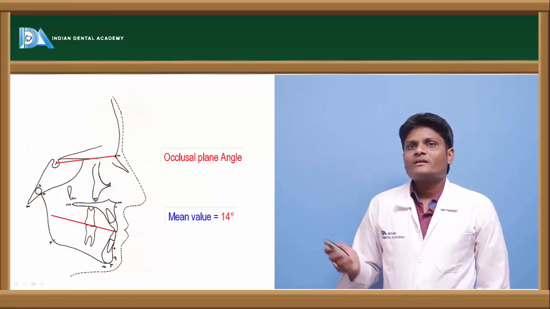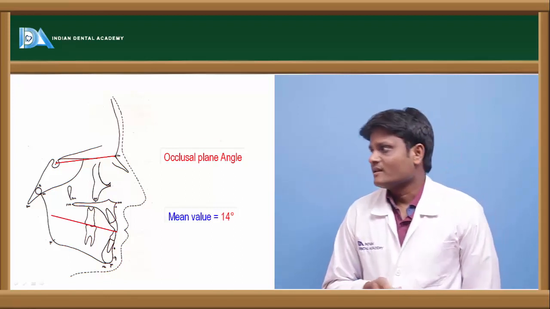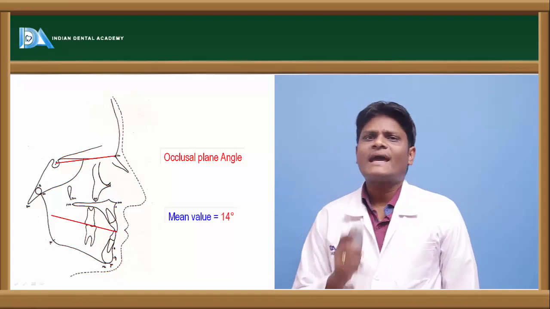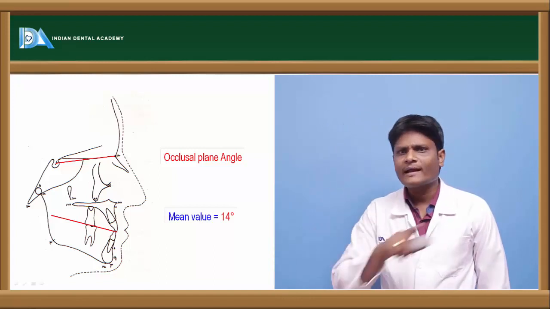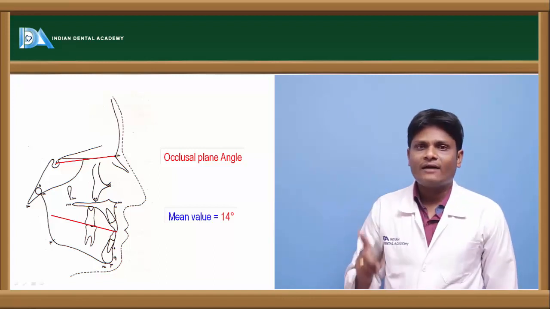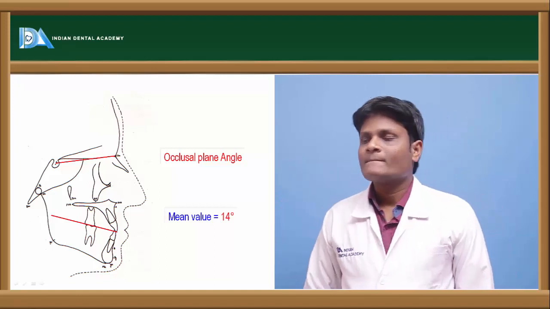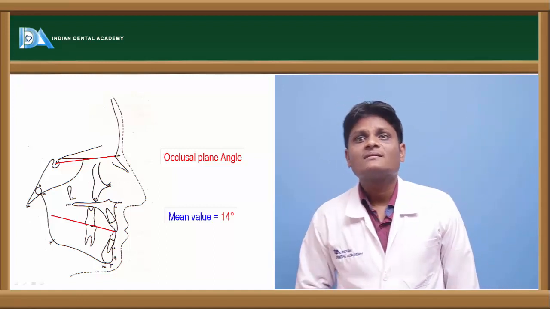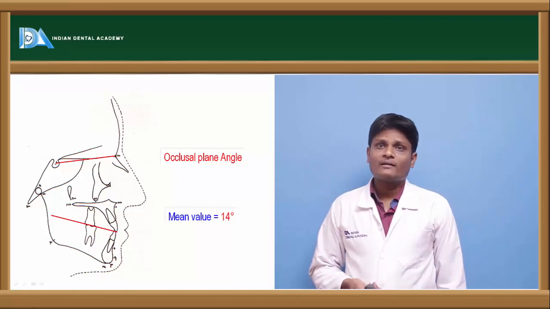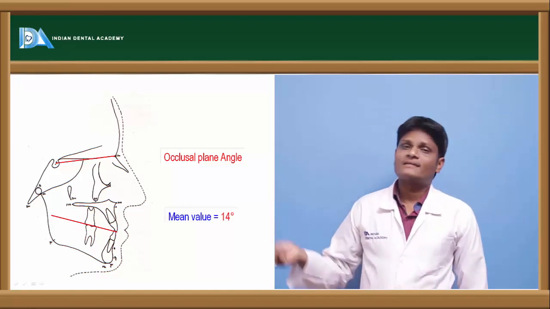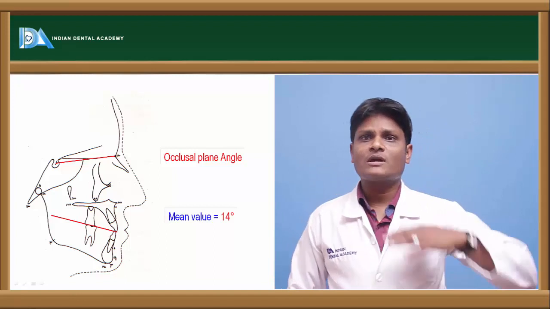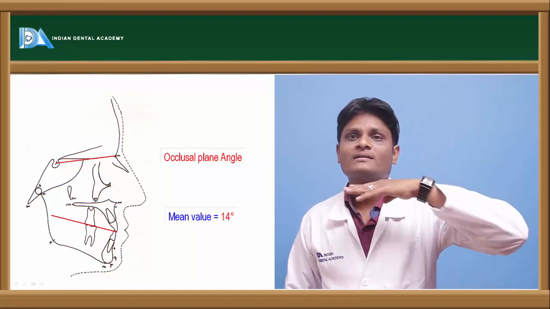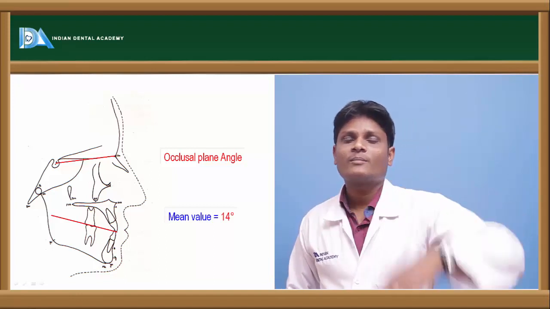Now the next important parameter of Steiner's analysis is the occlusal plane angle. It is the angle formed between the occlusal plane and the SN plane. The average angle is 14 degrees. If the angle is more than 14 degrees, it indicates a more steep occlusal plane, whereas an angle less than 14 degrees indicates the occlusal plane and the SN plane are in a nearly horizontal pattern.